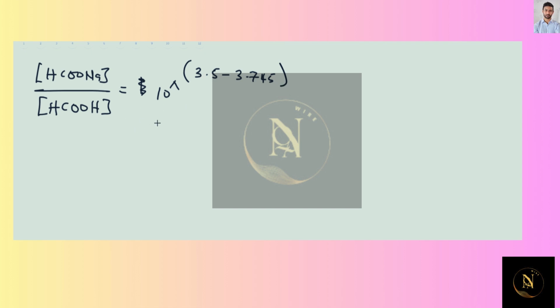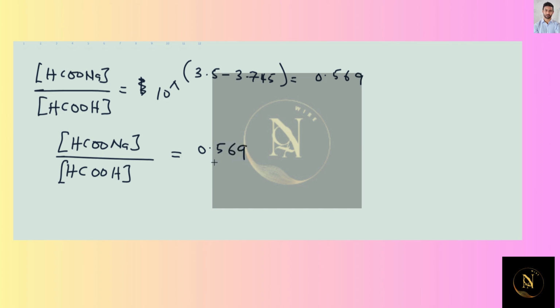So that will give us 0.569. So then we can say HCOONa over HCOOH would be 0.569.